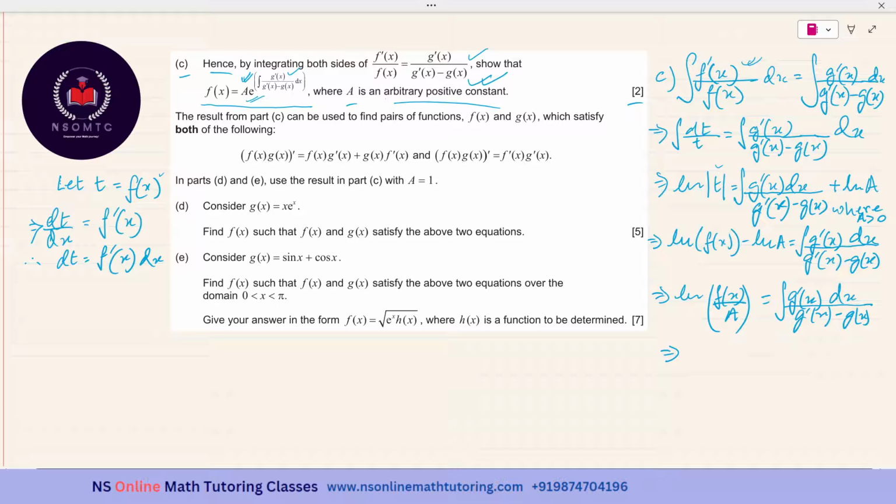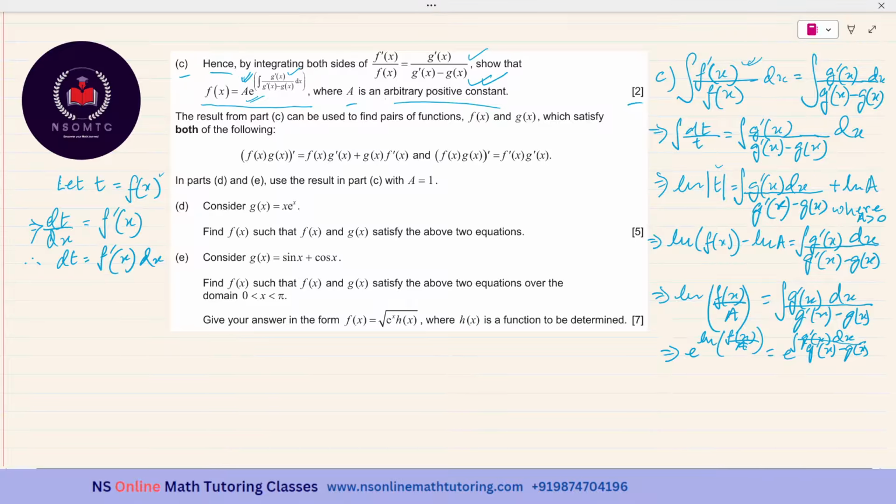So this is e to the power of ln of f of x over a, equal to e to the power of the integral of g dash x dx over g dash x minus g of x.